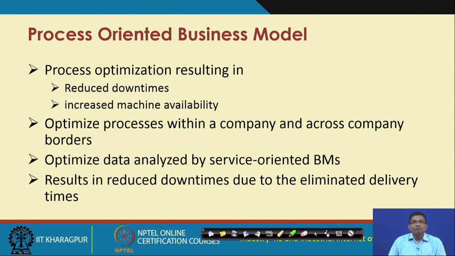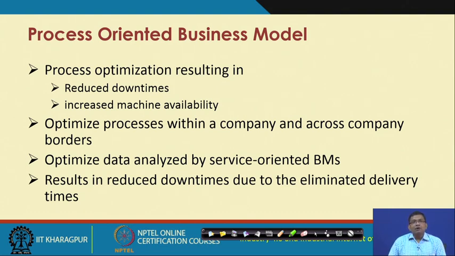So, the processes will have to be optimized within a company and across different company borders. Earlier I was telling you about this in a different context as well. What is important in the IoT world, the IIoT world more specifically, is that we are talking not about a single company, but a scenario where the borders between different companies are going to be removed, and these companies are going to join hands for optimizing their resources and the processes in the use of these resources.